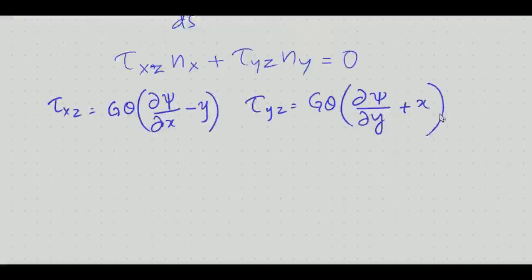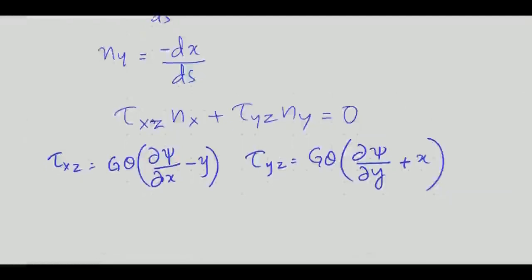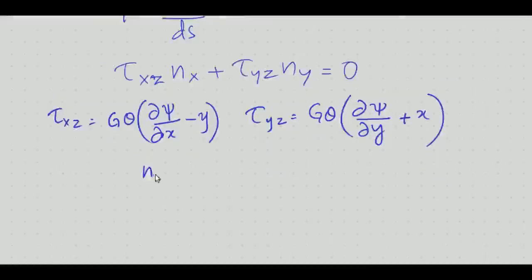And nx and ny are calculated here: nx is dy by ds and ny is minus dx by ds.